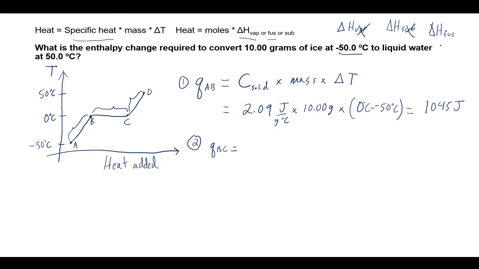And let's say for delta H fusion, I look it up and my delta H fusion here is 6.01 kilojoules per mole. That's my delta H fusion, right?